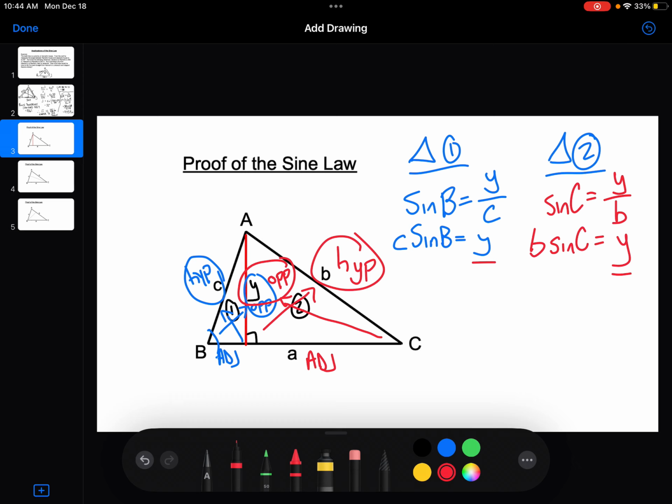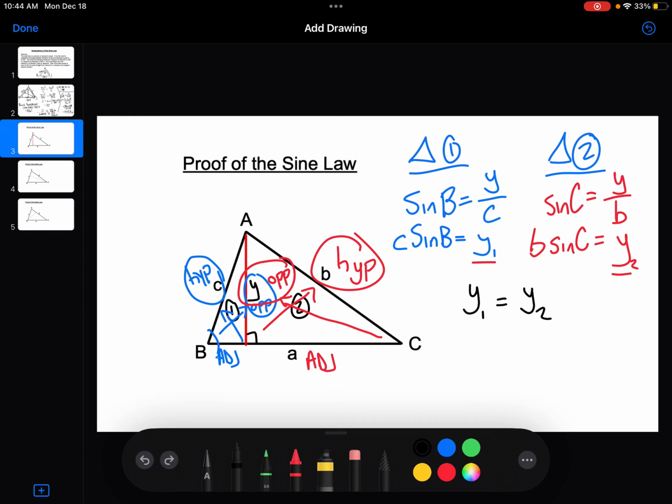I know that this y and this y are the same. So I can say that, let's call this y2 from triangle 2 and this y1. But I know that y1 has to equal y2 because they're both the middle y.